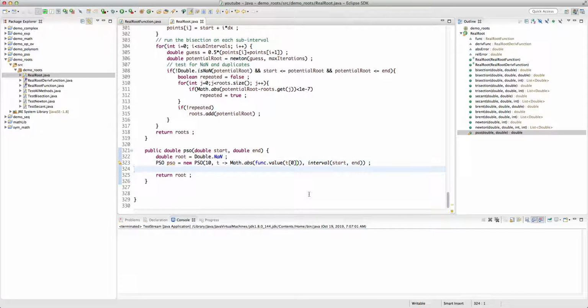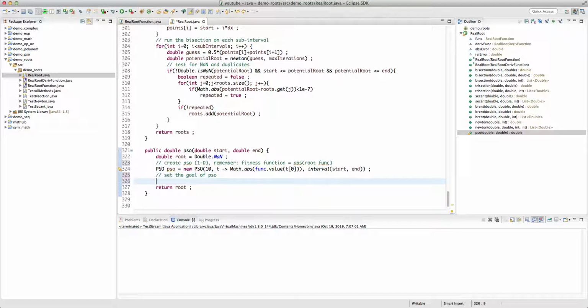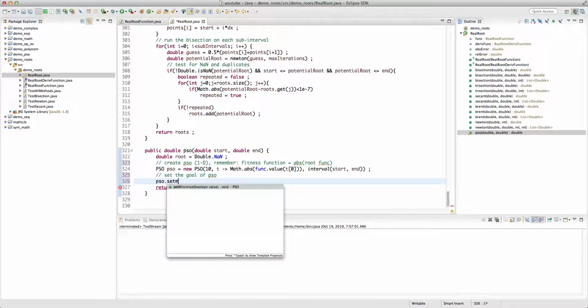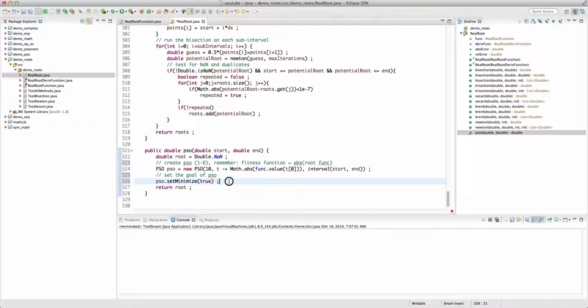All right, so now we have the PSO, and let me just write some notes here. Create PSO 1D, and remember the fitness function is ABS of root function. And then we are going to set the goal of PSO. Remember here we're looking at set minimize. We're going to make sure that it's true, and then we're going to iterate.